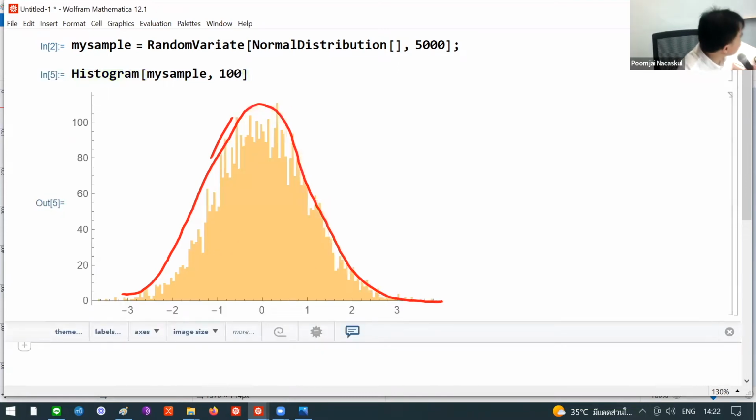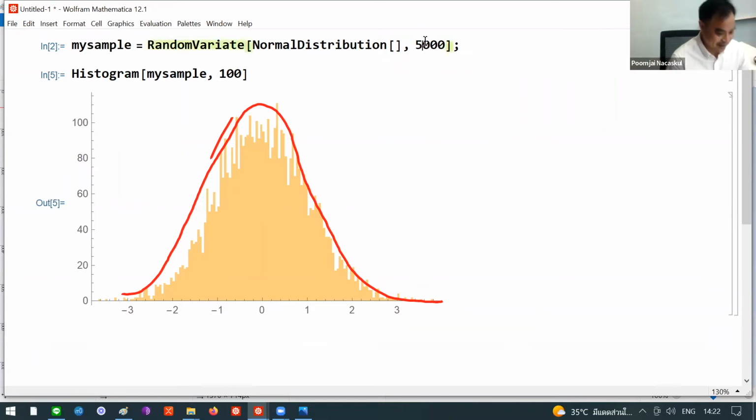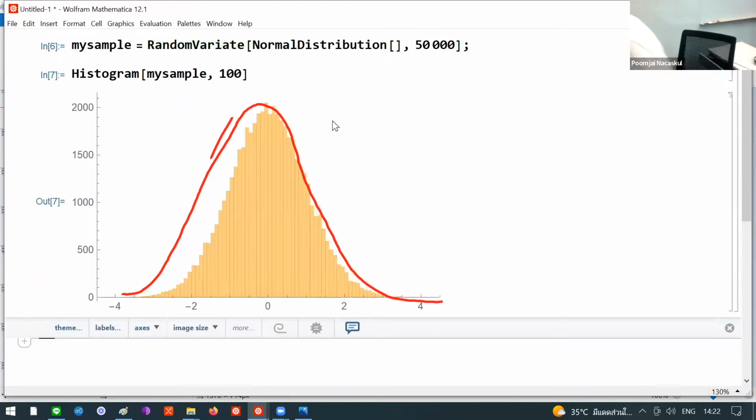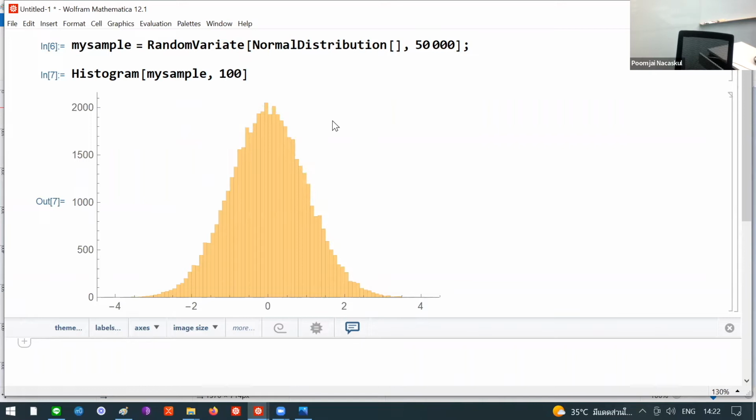So it's going to be a bit more detailed. Now, 5,000, maybe that's not enough. Okay, let's make it 50,000. Now it looks really nice.